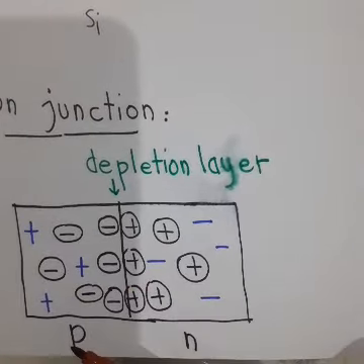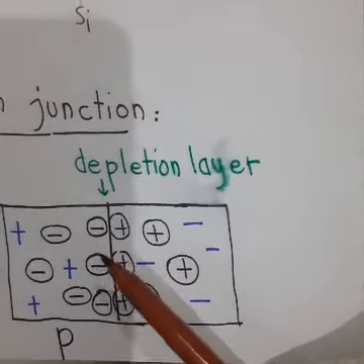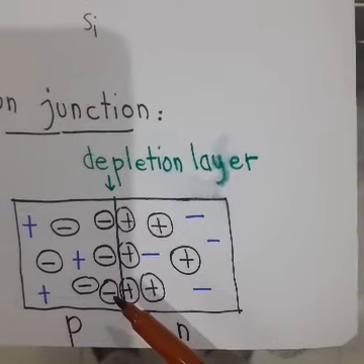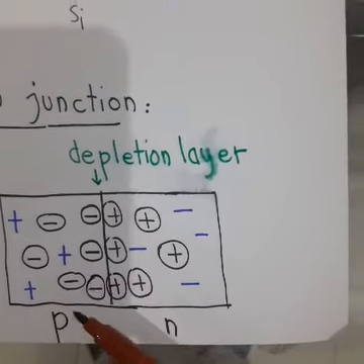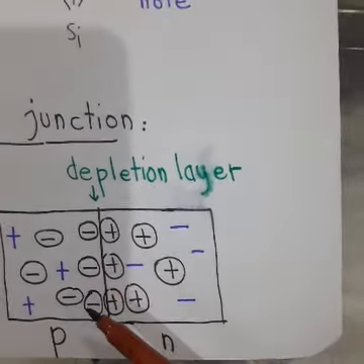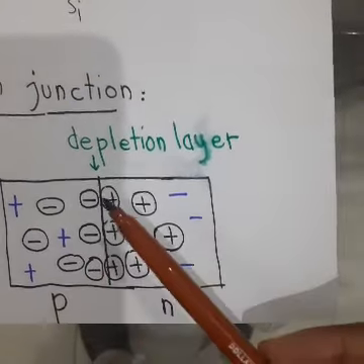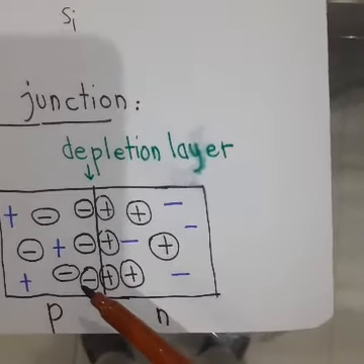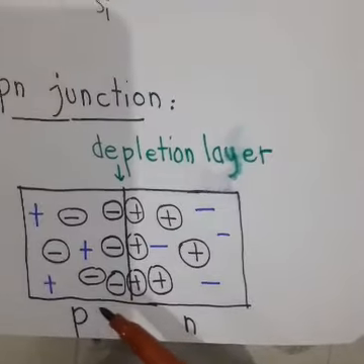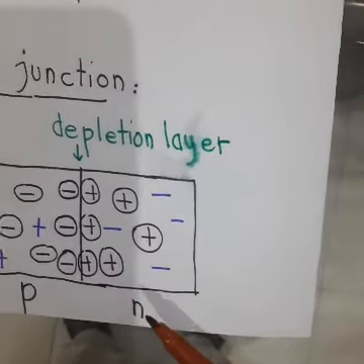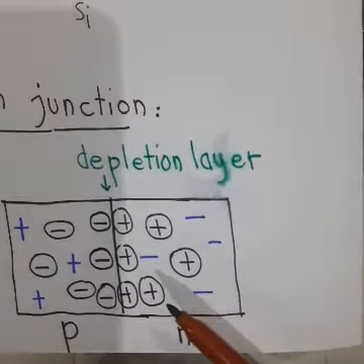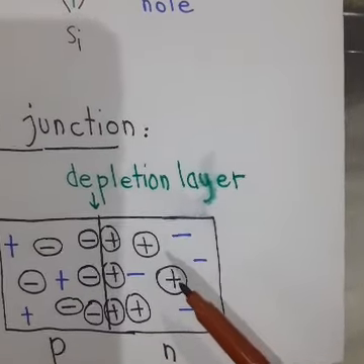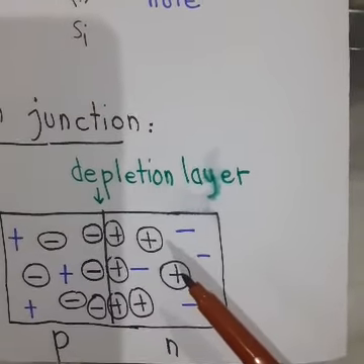So in p-type material we have boron ions, which have taken one electron in the hole that was created by adding the boron atom, and in n-type material we have positive antimony ions, which have given one electron.